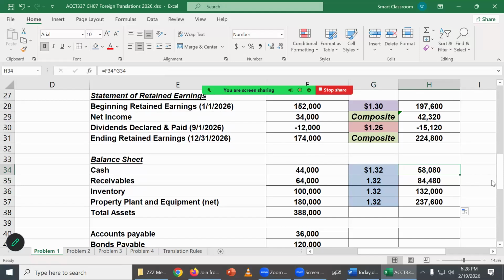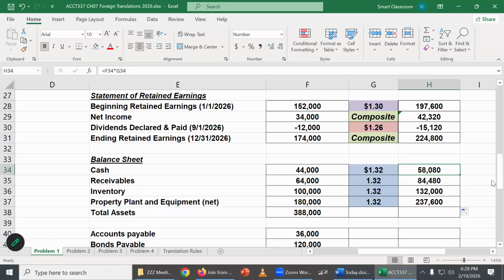So cash will be $58,080. The receivables will be 84,480. The inventory is 132,000.